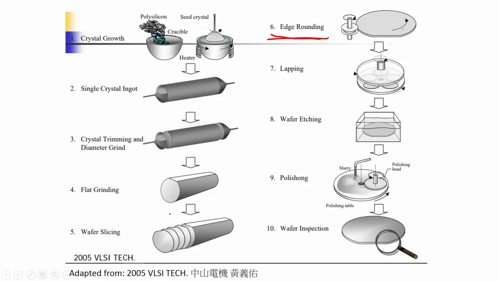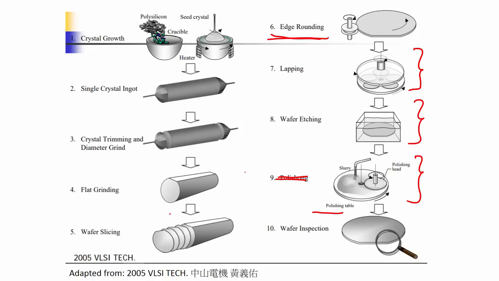In some wafers you will see there is only one flat, which is the primary flat. Once you do this edge rounding, you have to do lapping, followed by etching, followed by polishing, POLISHING, alright.